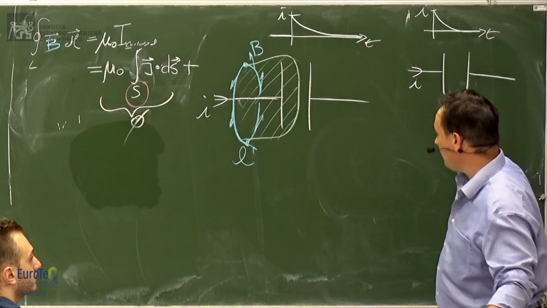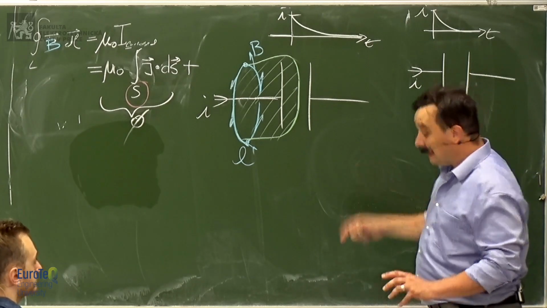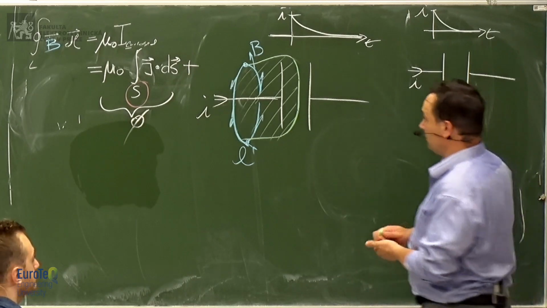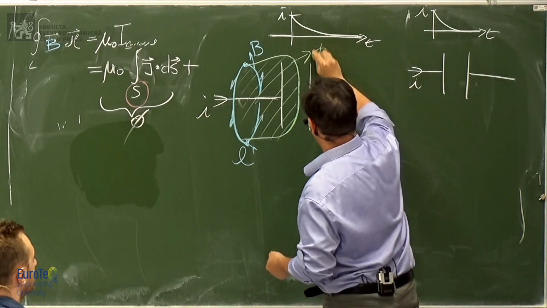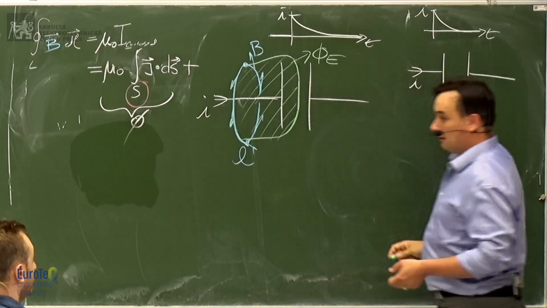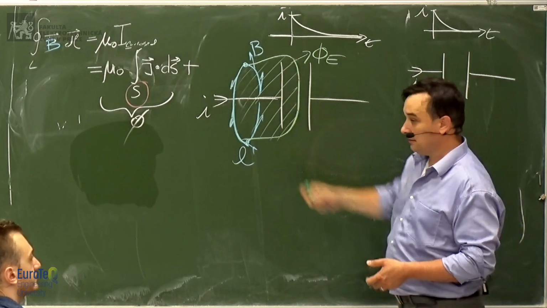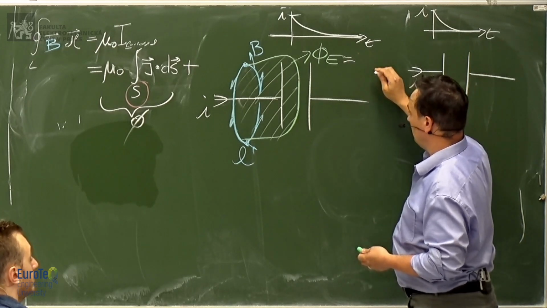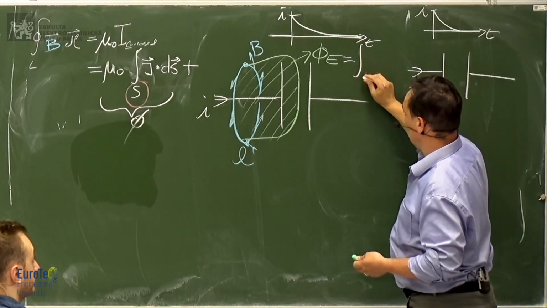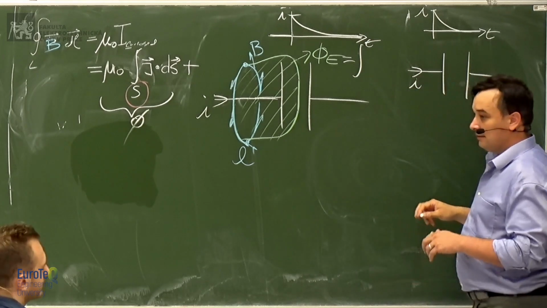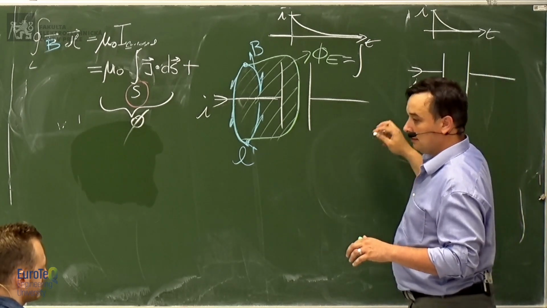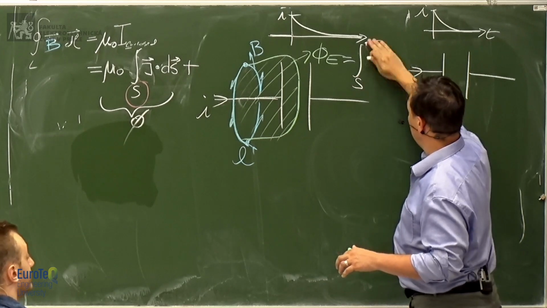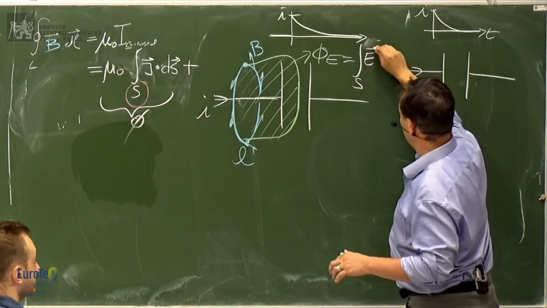So let's calculate the flux. Again, the electric flux, over the surface. It's the same as the magnetic flux. We just get the surface integral of the electric field with respect to that surface.